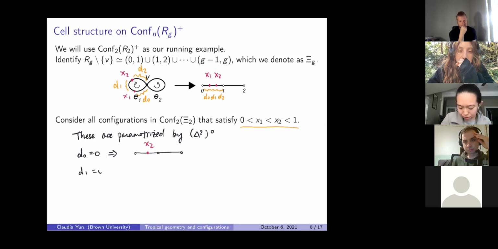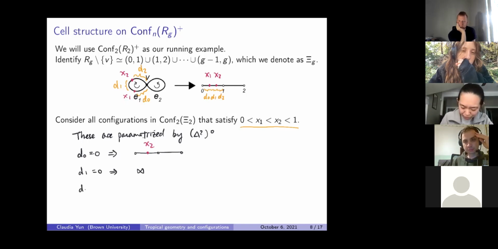When D1 equals 0, that corresponds to the scenario when x1 and x2 collide with each other. Earlier we said whenever points collide, we throw that configuration to the point at infinity, so I'm just going to write infinity here. Basically we don't think about it.